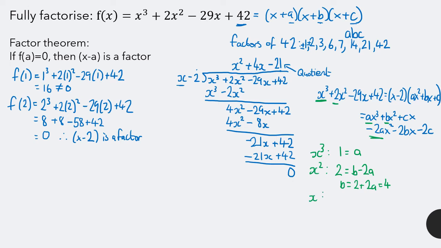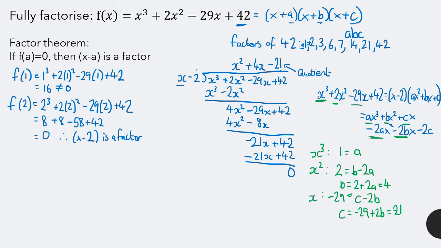And finally the x term, I've got minus 29 of those on the left. On the right, I've got c minus 2b. So c is equal to minus 29 plus 2b. So minus 29 plus 8, which is minus 21.